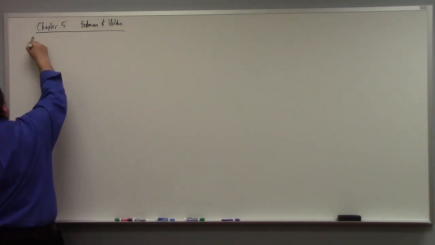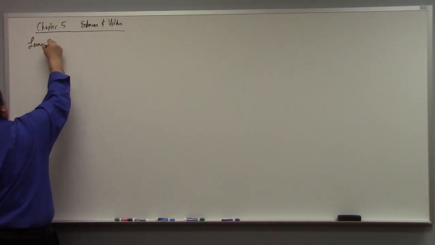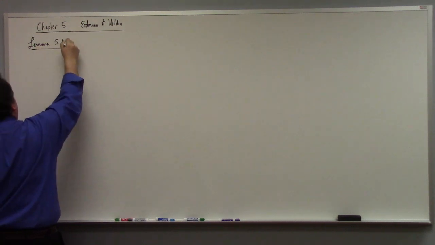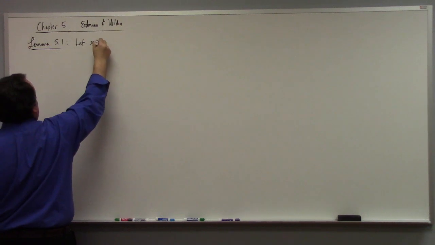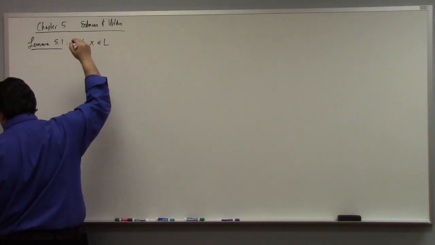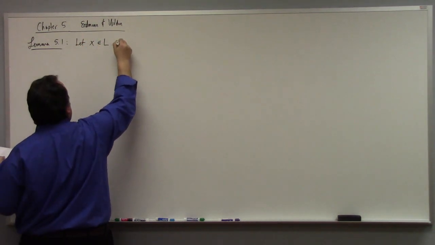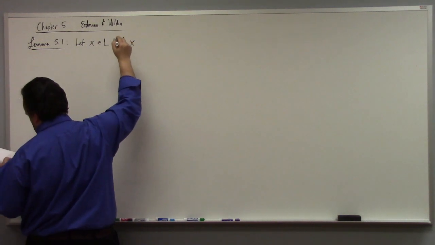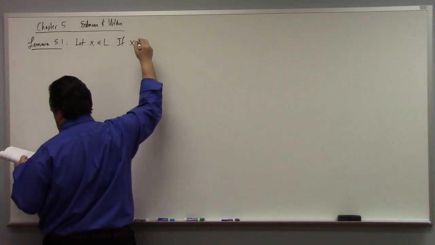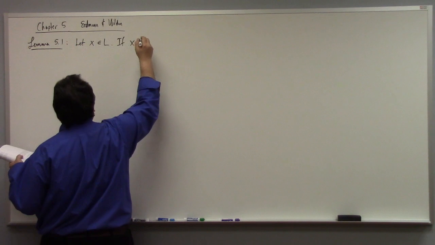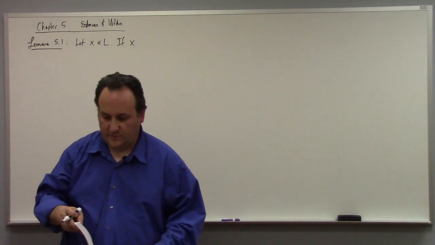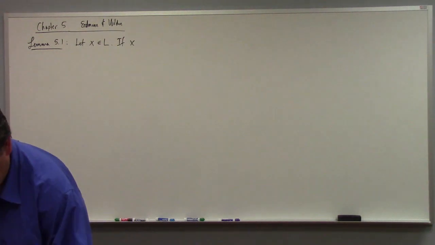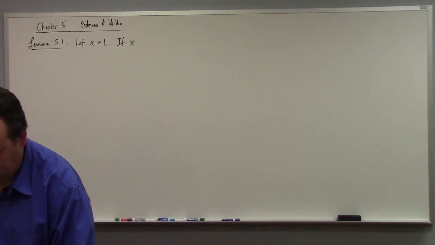Lemma 5.1. It says, let X be an element of L. L is a Lie algebra here. I'm sorry, I have buried the lead here. This whole chapter is about subalgebras of GL(V).